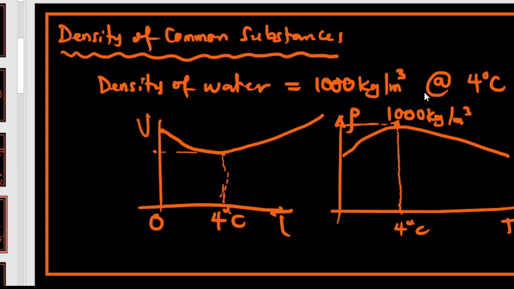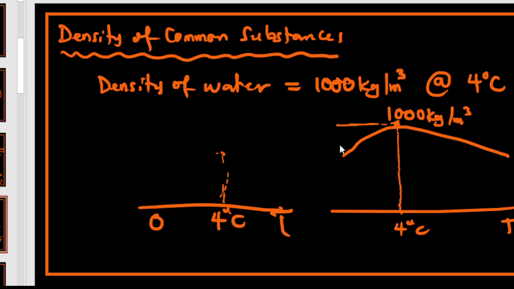Seawater contains salt in it, which makes the density of water more than 1000. But in the absence of other factors, you have to think of the density of water to be 1000 kilogram per meter cube.